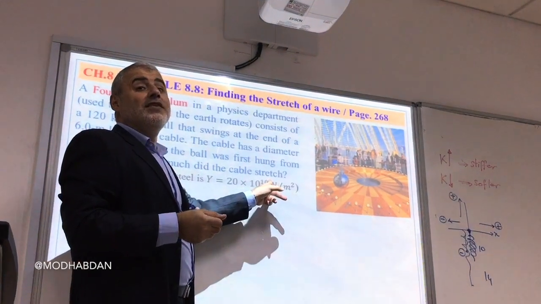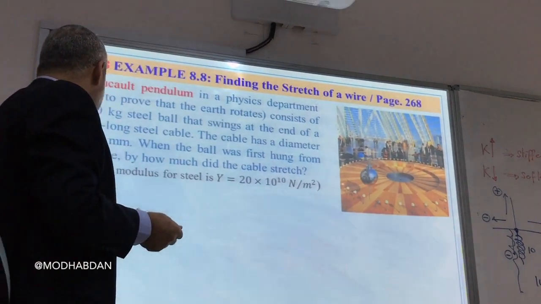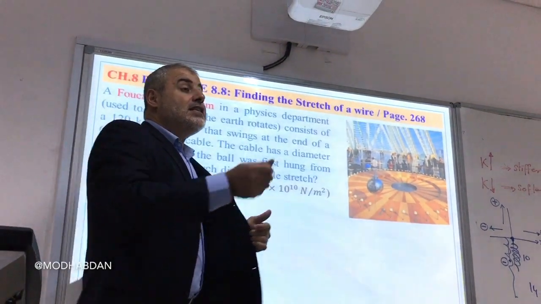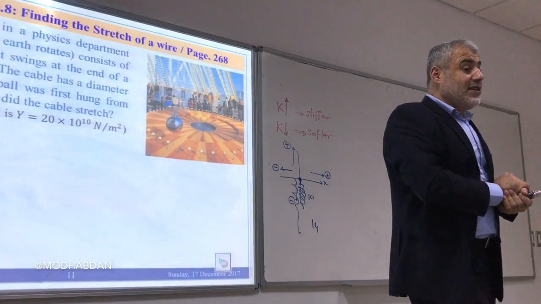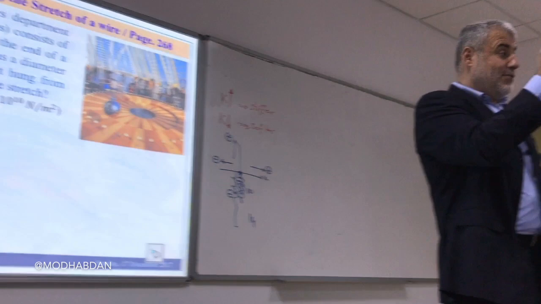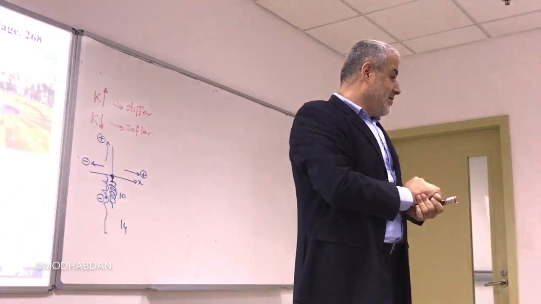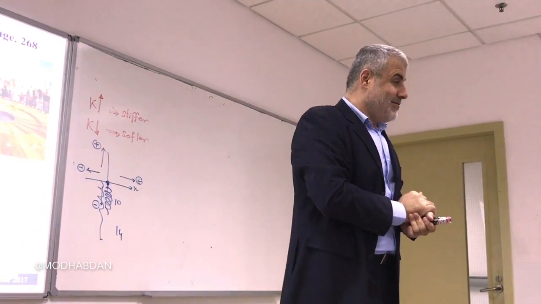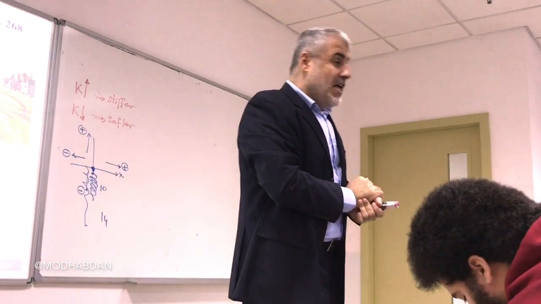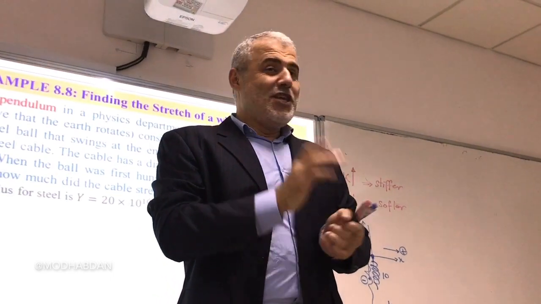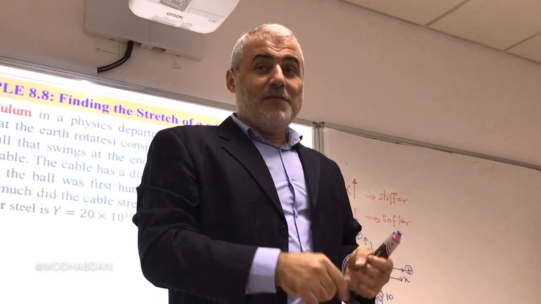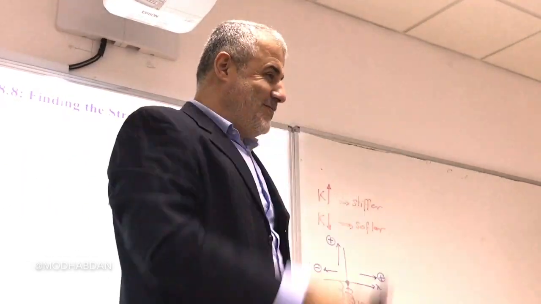We ask for delta L. Let us talk about the idea. If you want to prove that the Earth is rotating or spinning around its axis, you cannot prove it by yourself. Why? If you choose to stand here and stay for 24 hours, you will rotate, but all the building will rotate with you, not only you by yourself.